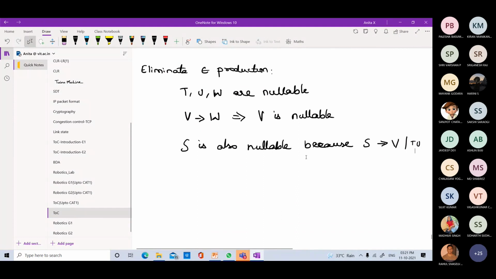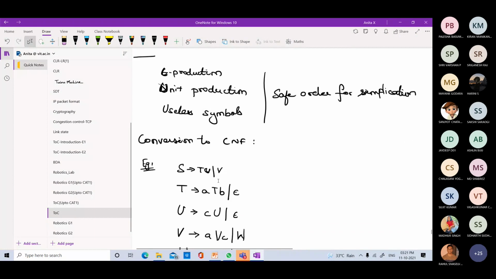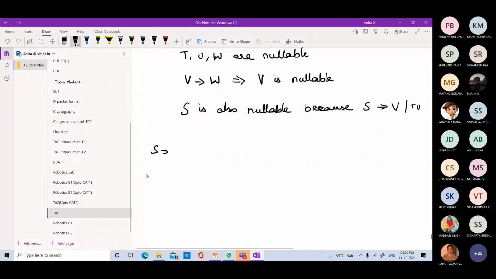So we can start with S derives TU or T. Here you can see there is a possibility of T being nullable. If T is nullable, we will have U. If U is nullable, we will have T. And we will have TU as a whole.